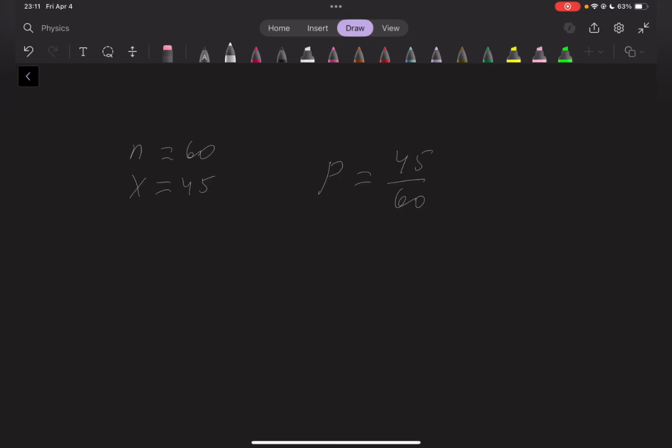Let's reduce by 5: 9 over 12, right? And then reduce by 3: 3 over 4, which is 0.75. Okay, 0.75. So let's see the answer.